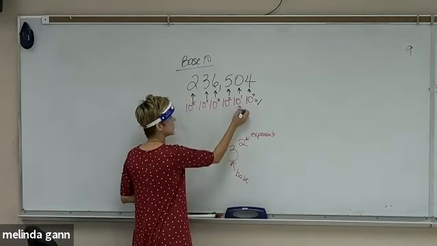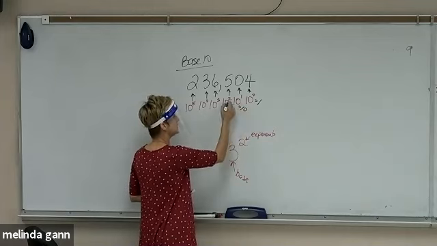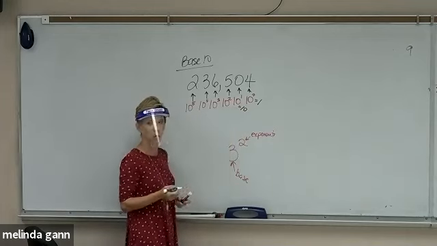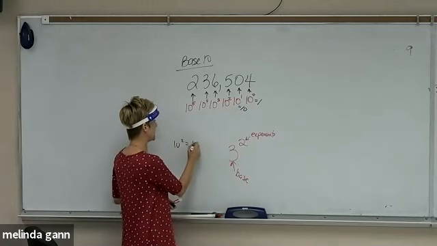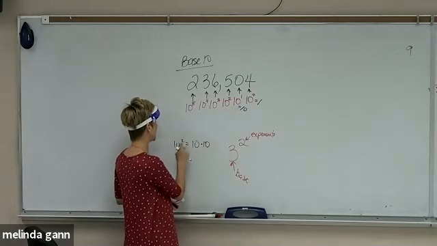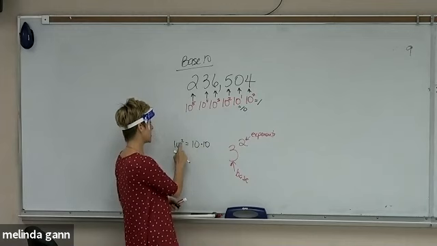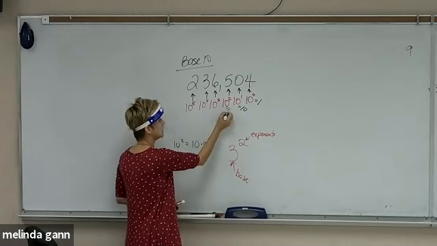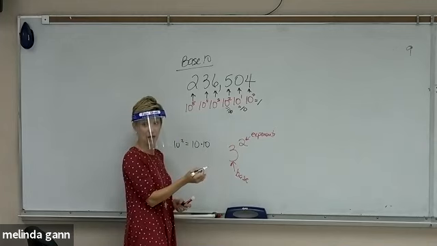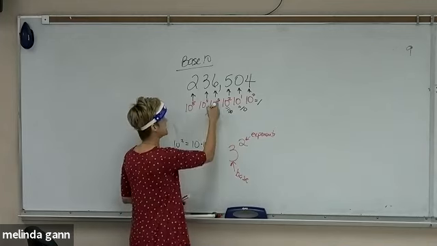What's 10 to the first? That's just 10. What does 10 to the second mean? Does it mean 20? No. 10 to the second, it means 10 what? Times 10. Repeated multiplication is exponents. Well, what is 10 times 10? Didn't you tell me that was your hundreds column a second ago? See, what does 10 to the third mean?